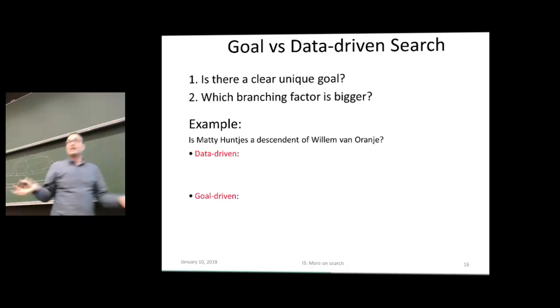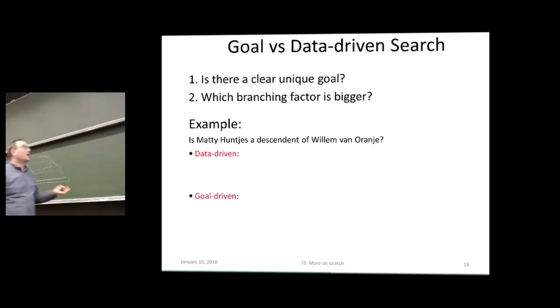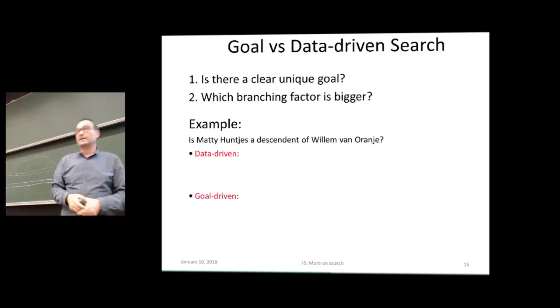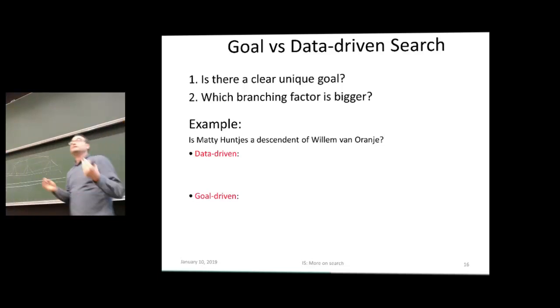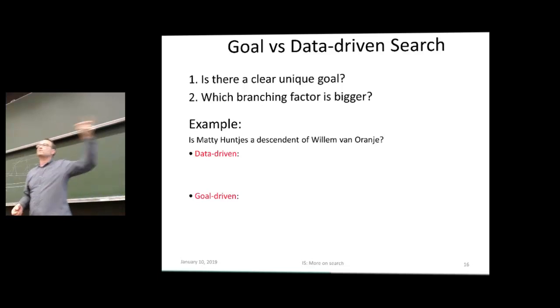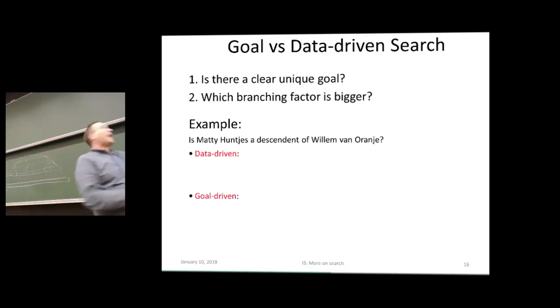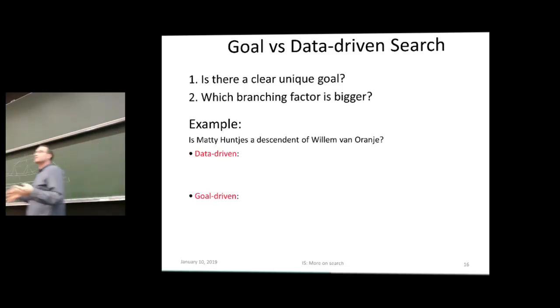So one of the questions, for example, is if Matti Huntjes, who some of you might know, is a descendant of Willem van Oranje. And we now want to build a search procedure for data-driven and goal-driven. Can anybody tell me, suppose we have 10 generations between Willem van Oranje and Matti Huntjes, what is the more efficient way of searching whether they sort of meet?